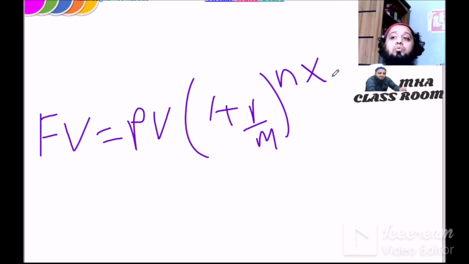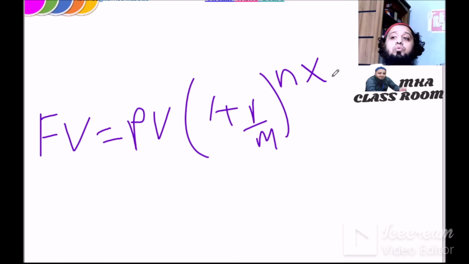We know the formula FV equal to PV (1 plus R divided by M) power N into M. Quarterly means M equal to 4.